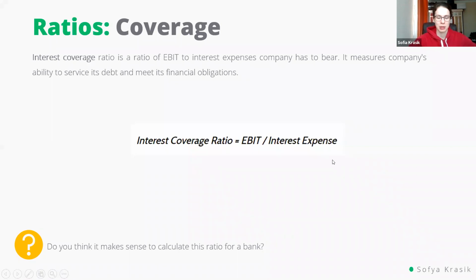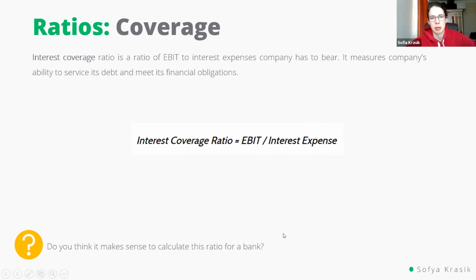But for a bank, paying interest on, for example, term deposits or some other instruments is the nature of their business. So we would probably just see that the interest coverage ratio is tremendously awful for banks, but this is not because their business is bad. This is because interest expense is a core part of the bank's business.